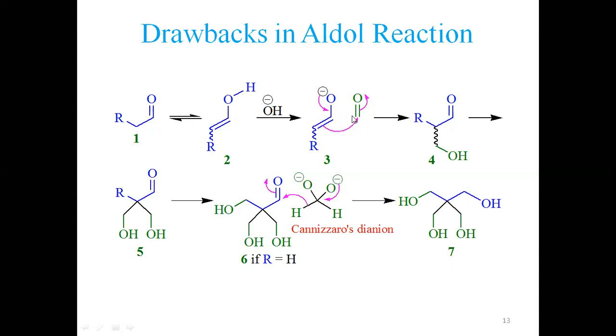Let's say this enolate is reacted with another aldehyde, this is another aldehyde. So this aldehyde adds to this system, which is this one. This oxygen donates its electron pair back and this electron density transfers here. So this hydrogen is replaced by an aldehyde group.